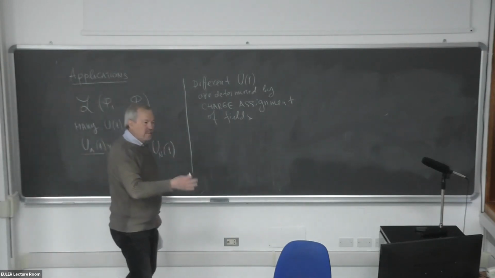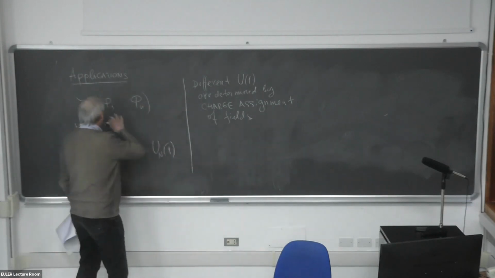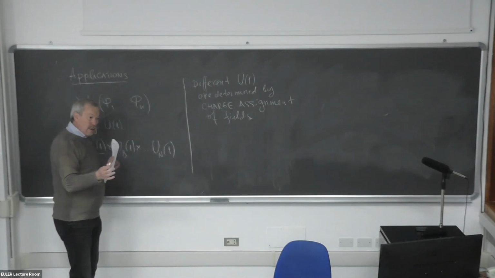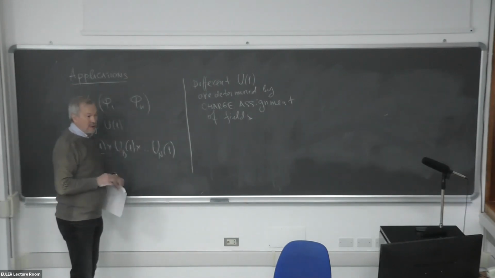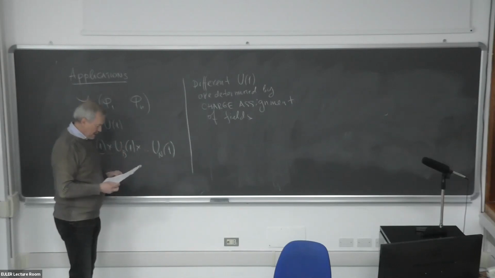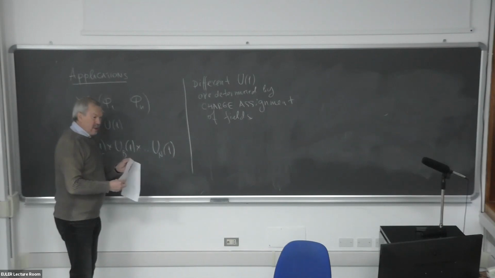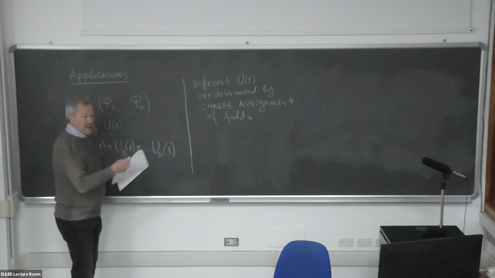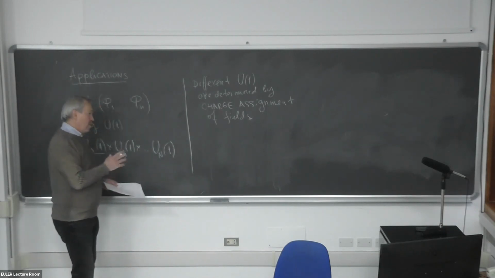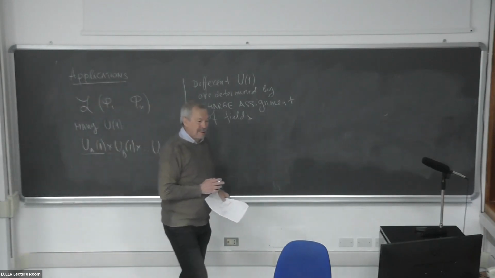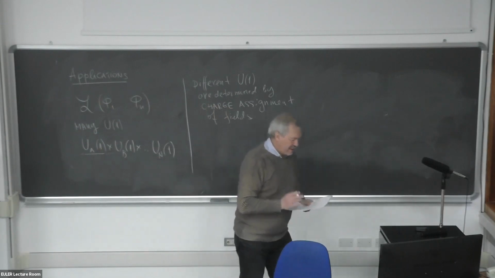So the set of the charges for different fields, for different U1, should not be a linear combination. Otherwise, you just reduce one U1 symmetry to another U1 symmetry. So this U1 symmetry is very often used even to forbid some interactions, where people very often introduce an additional U1 to kind of forbid something which is unpleasant.